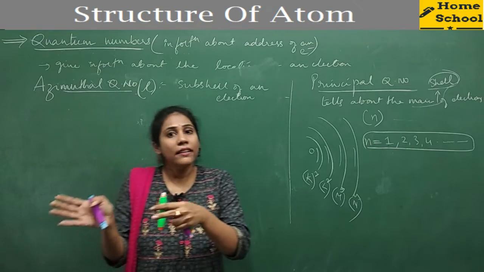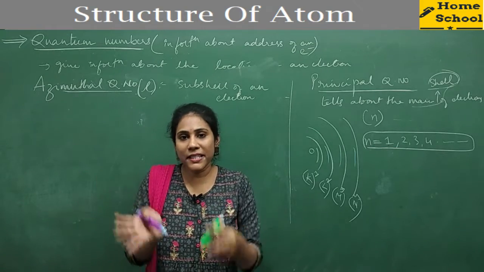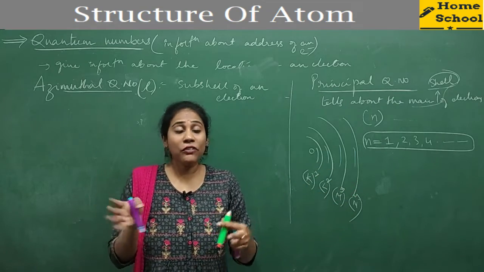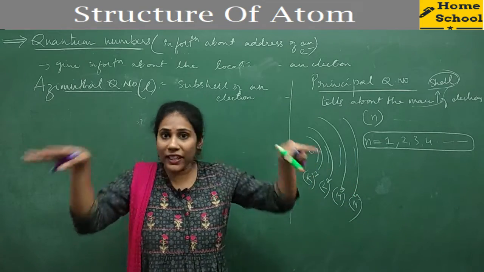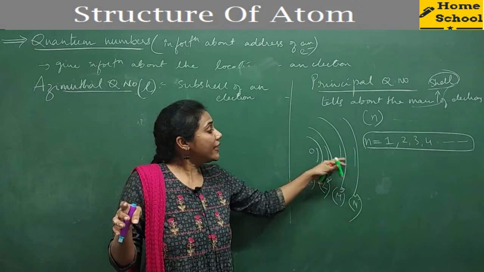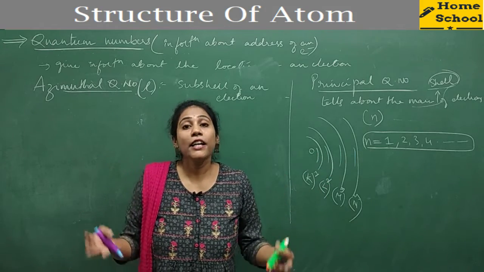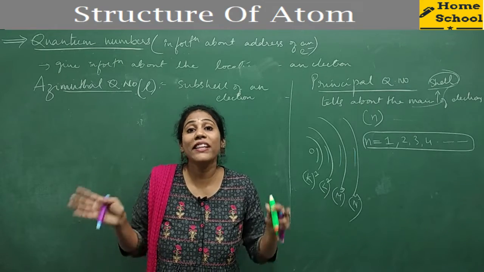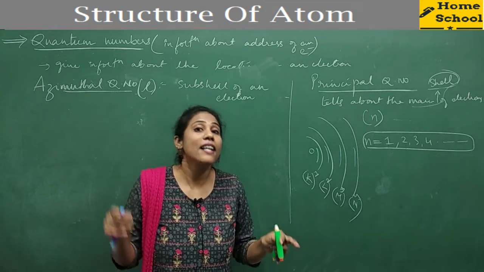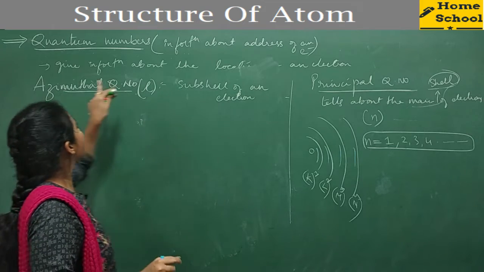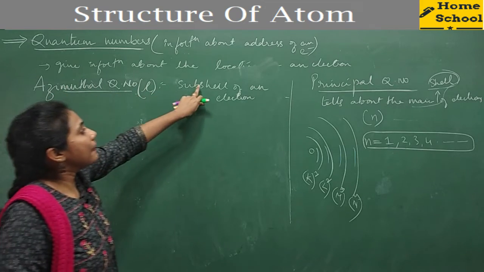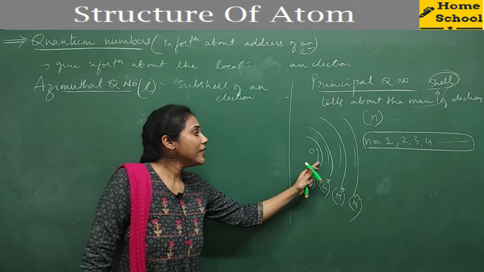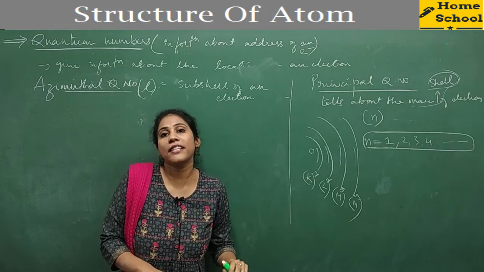Say an electron in a country, atom is a country, in a country we got to know different states. Now, in each state, there are different districts, right? So we are talking about the districts now. These districts are represented with the letter l, and we call those districts the subshells. So the azimuthal quantum number represents the subshell of an electron in the main shell, in which subshell the electron is located.